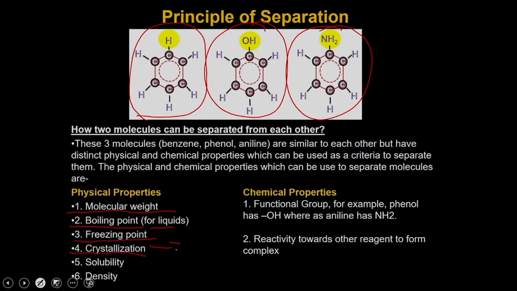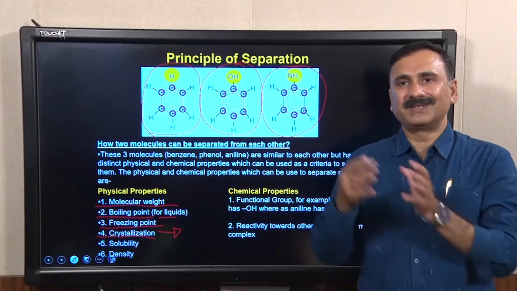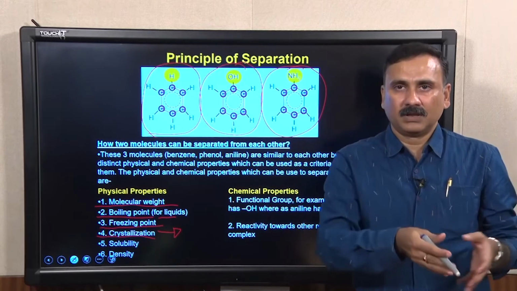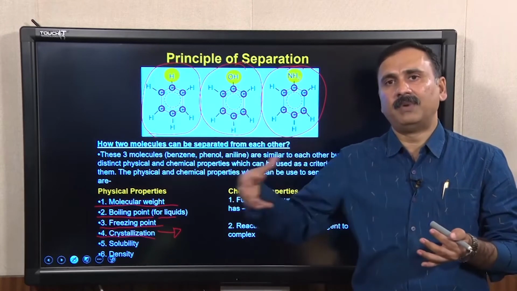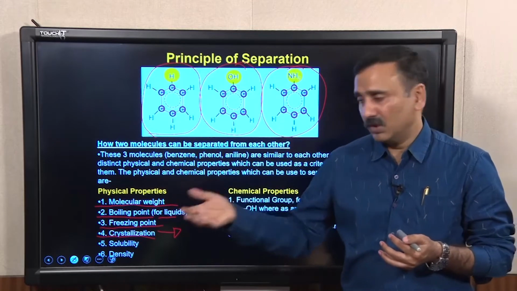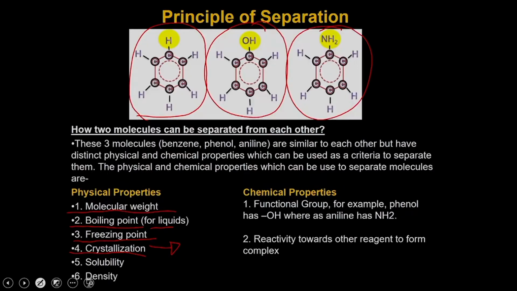For example, you can do something so that one compound is crystallized, whereas the other compound remains in solution, and the crystallized compound can be filtered out and separated from the rest of the molecules. Similarly, you can play with the solubility as well as the density parameters.